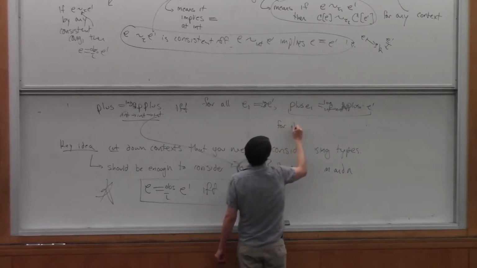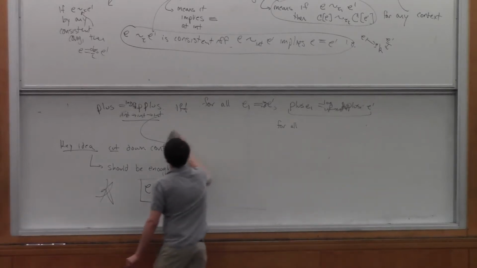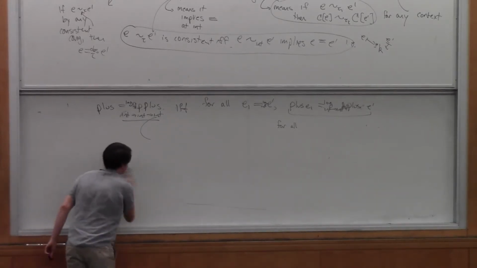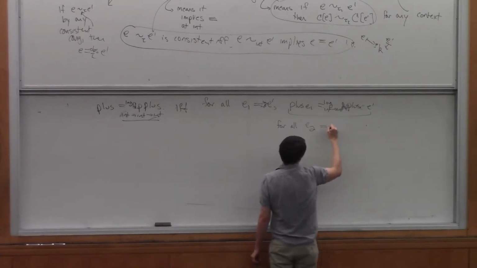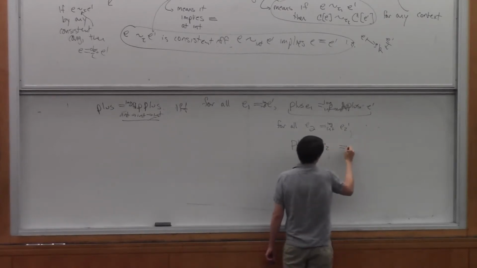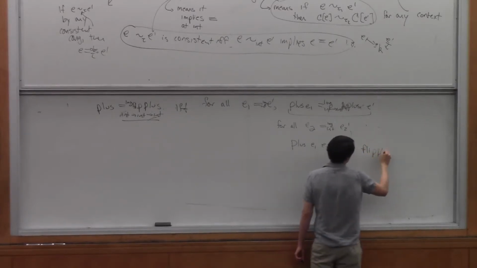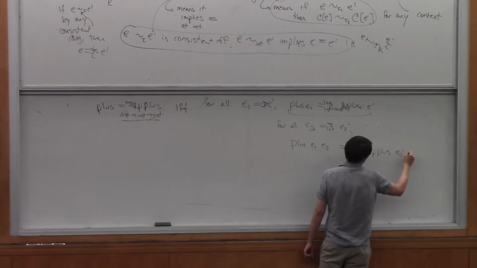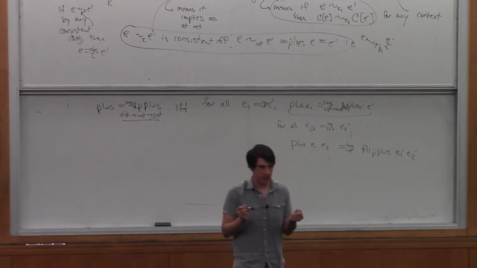That means for all E2 which is logically equivalent at int to E2 prime, plus applied to E1 applied to E2 is logically equivalent at int to flip plus applied to E1 prime applied to E2 prime.